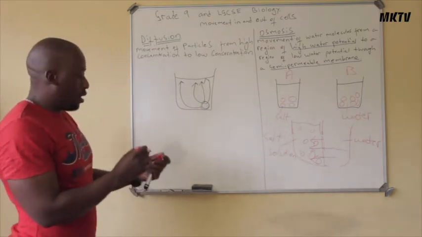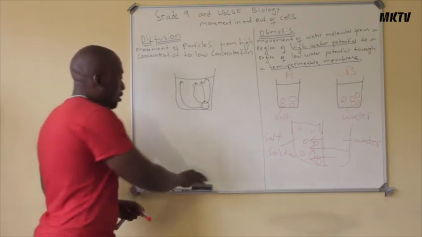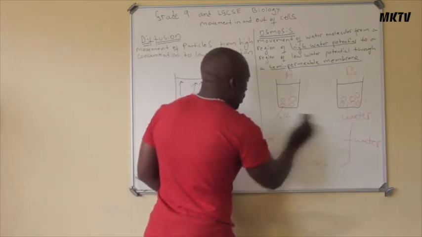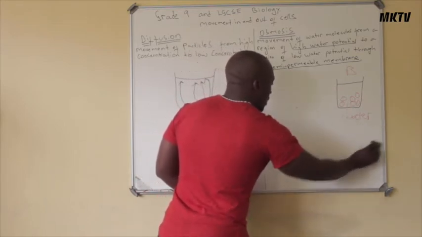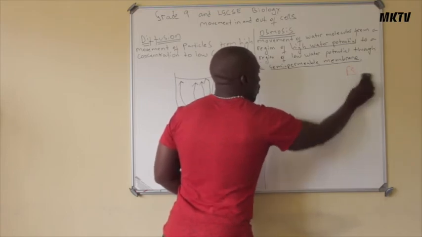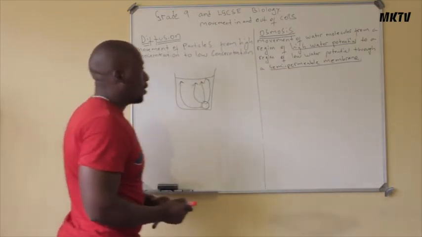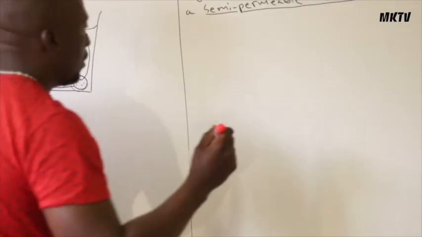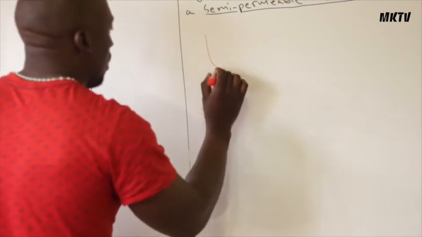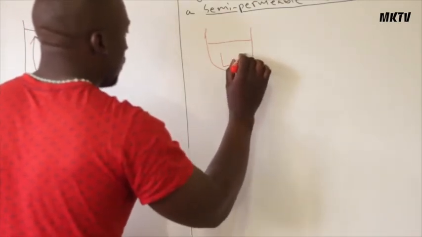So now I would like to do a little bit of a theoretical experiment whereby we are going to use potato chips and salt water and pure water. So we can have two potato chips. First of all, we put one potato chip in pure water.